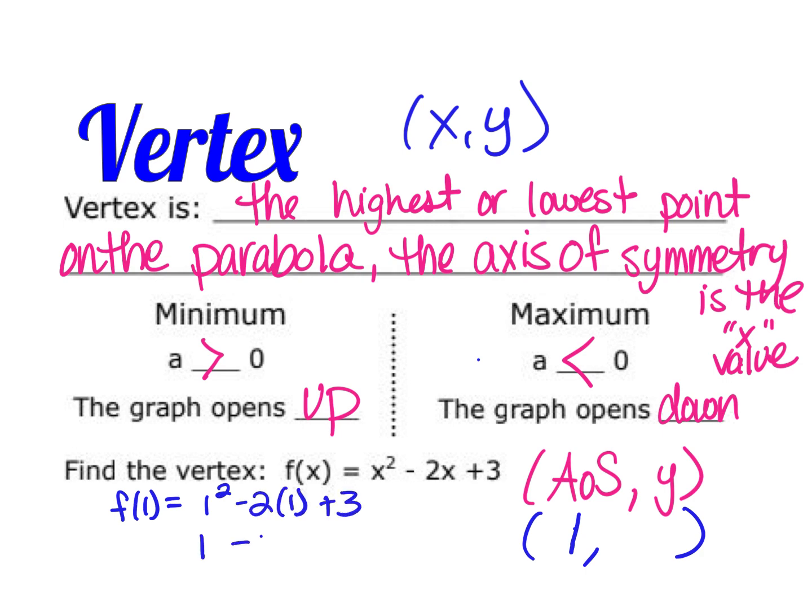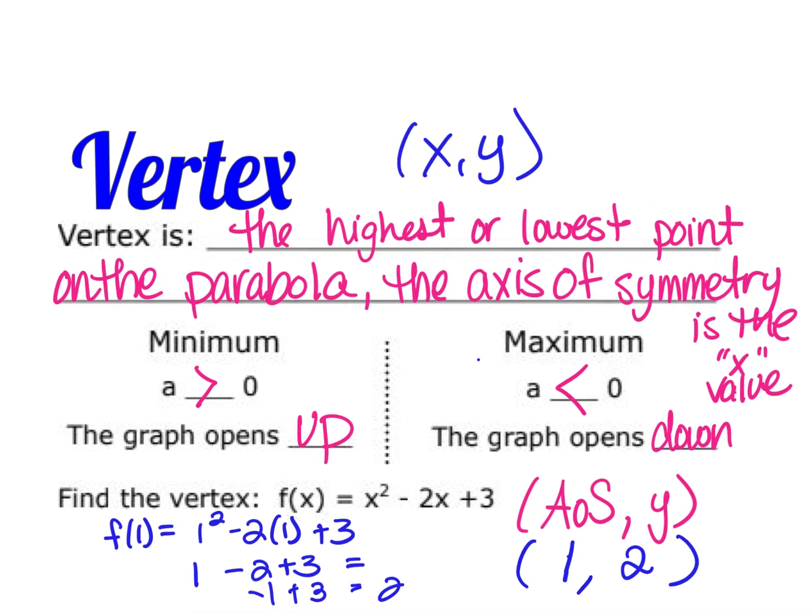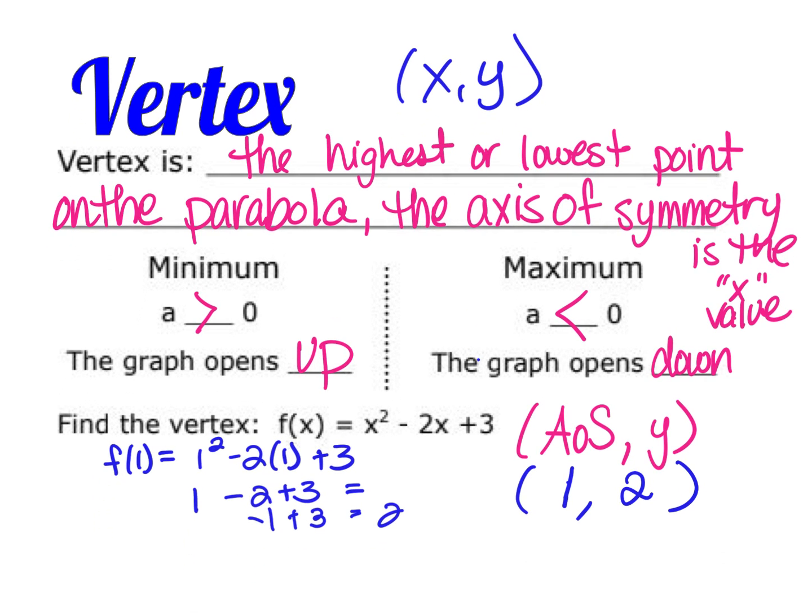So we have 1 minus 2 plus 3. 1 minus 2, because we're working from left to right, is negative 1, plus 3 equals 2. So our vertex is 1, 2.